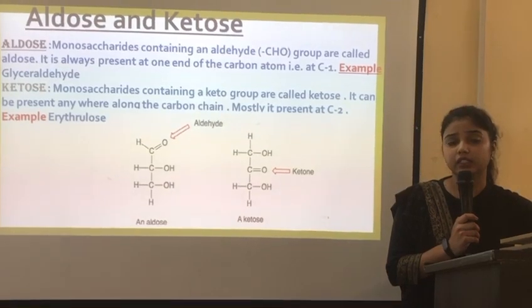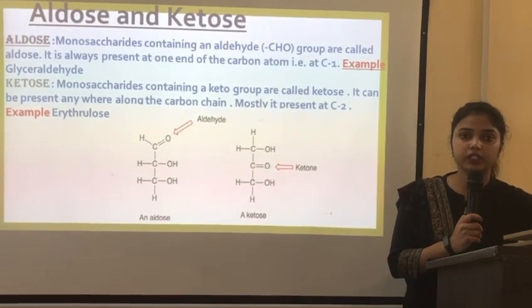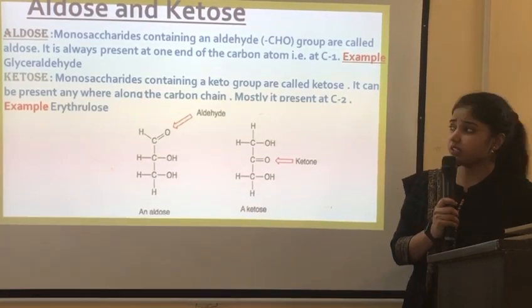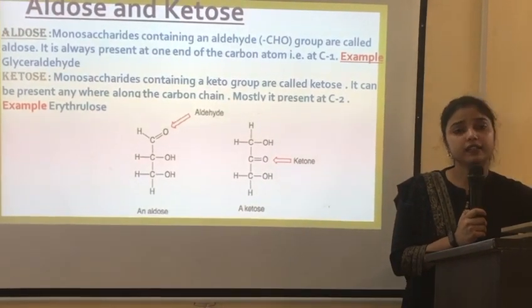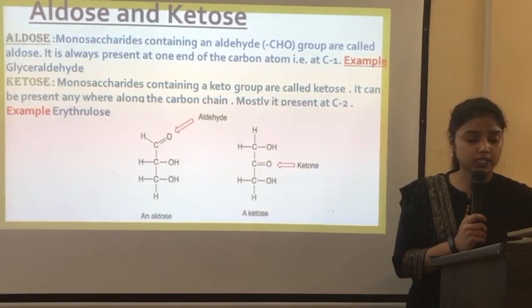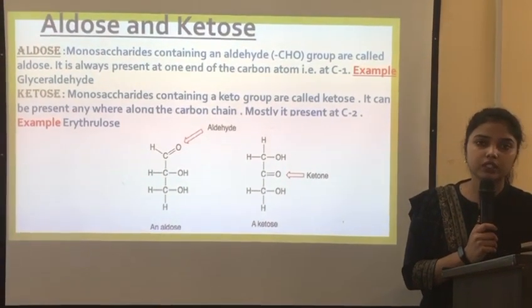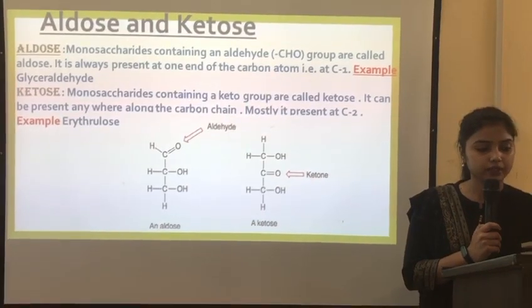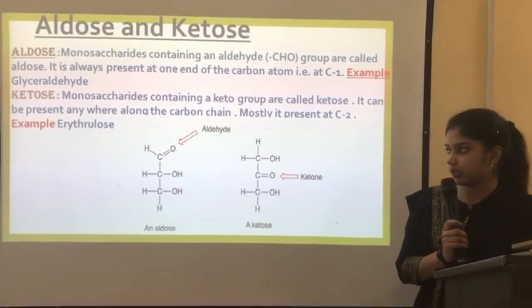Second is ketose. The name indicates that saccharides which contain a ketone group are called ketoses. It can be present anywhere along the carbon chain. Mostly it is present at carbon 2. Example, erythrulose.